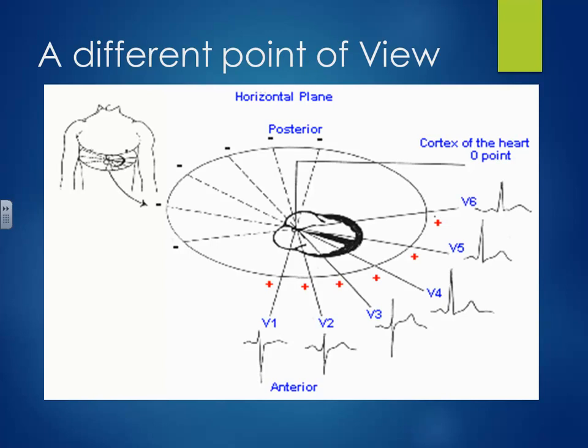So with your 12 lead, we're looking at other aspects of the heart, right? So we've got our limb leads, right? Left arm, right arm. So our leads 1, 2, and 3. But then we're going to put our chest leads on, our precordial leads. All right, so 1, 2, 3, 4, 5, 6.